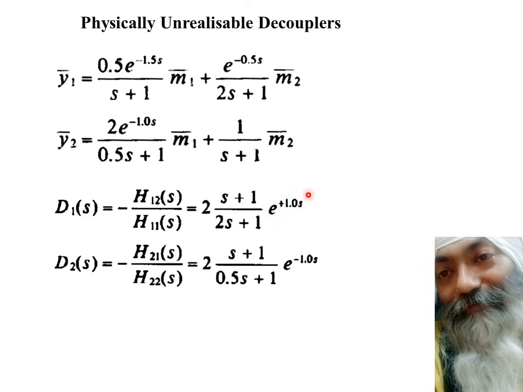A negative delay means future. We cannot anticipate things which are going to happen, and this is going to lead to an issue. A delay is no issue: we take the past value after a delay of 1 second. But this requires a value likely to be there in the future, which is going to give us lots of trouble. So this D1 as such is not physically realizable.